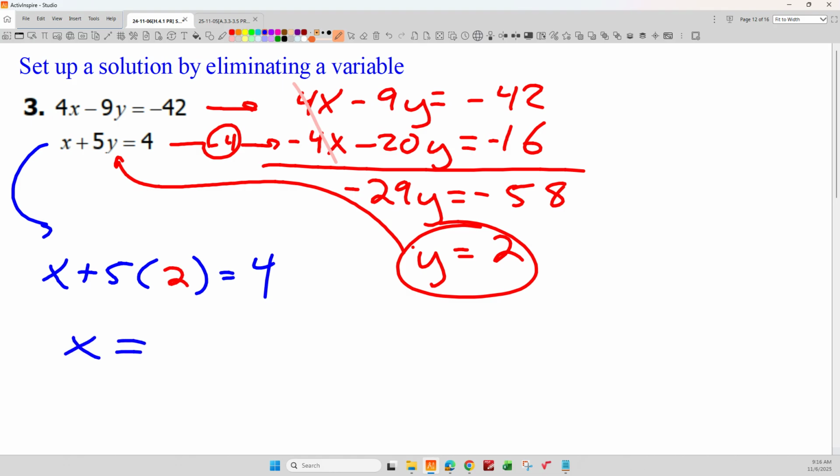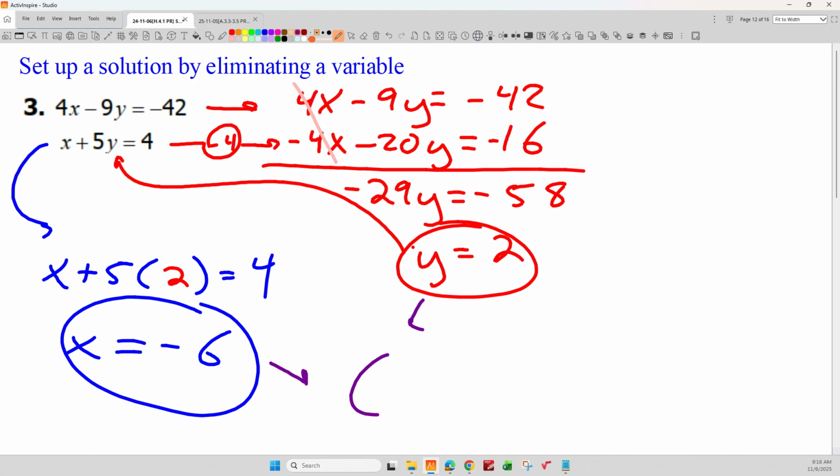So what's x? Negative 6? Yeah. Okay. Is that helping a little bit? So we get the ordered pair negative 6, 2.